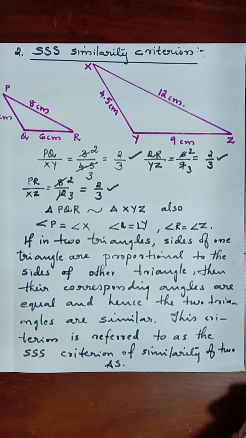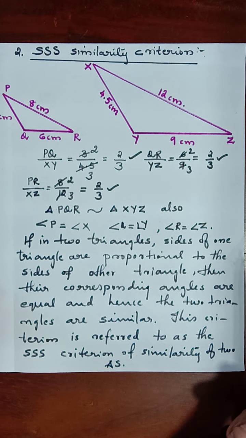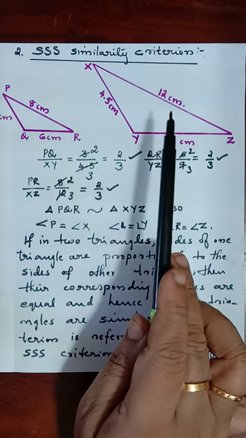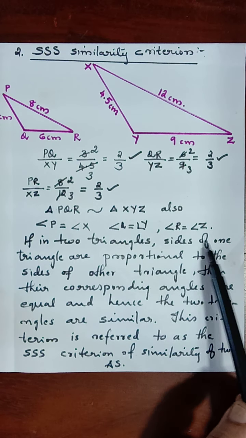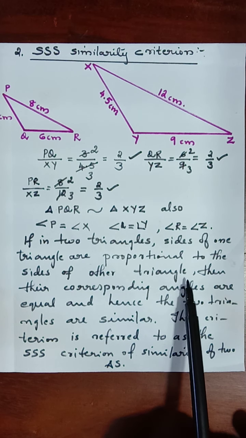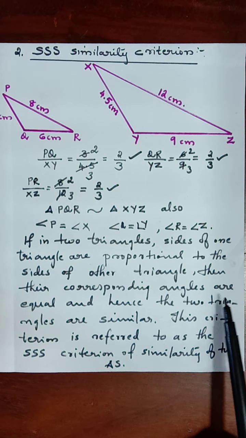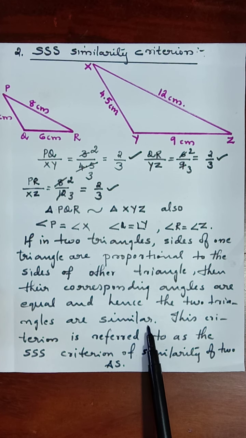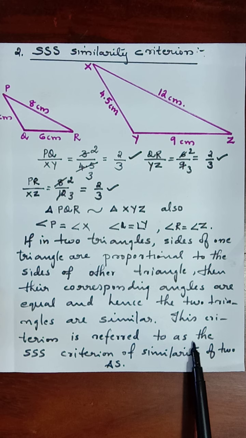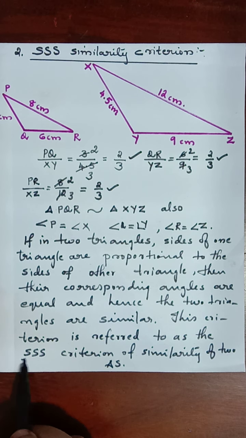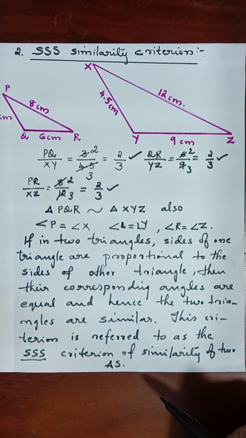You may go through the similarity criterion here. As I told you, in triangle PQR and triangle XYZ, sides of one triangle are proportional to sides of the other, so corresponding angles are equal and the triangles are similar. What is this criterion called? It is referred to as the SSS criterion for similarity of two triangles.